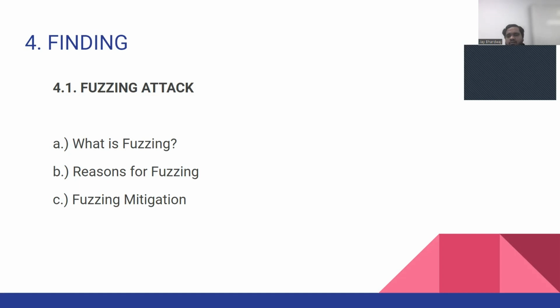Mitigation of fuzzing can be performed through static analysis of the source code of the application, or by installing a dynamic analysis tool within the application that would provide real-time monitoring and such.